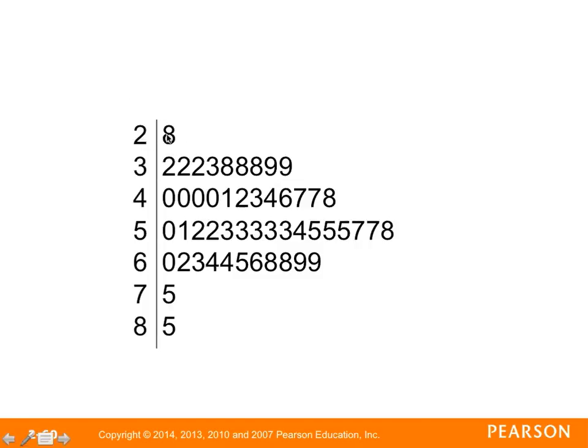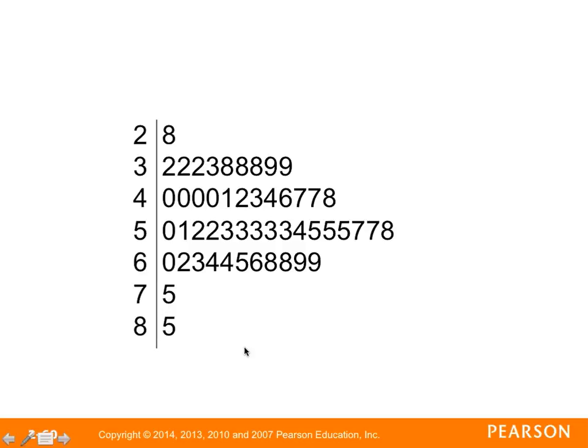We can still read that there's a 2.8 and a 3.2 and another 3.2 and another 3.2. Whereas with histograms, when we've classified our data that's been continuous, we lose some of that data because we just have bars that show us between which values how many observations are there, but you don't actually have the raw data contained in the graphic itself. So that's why this is kind of nice.